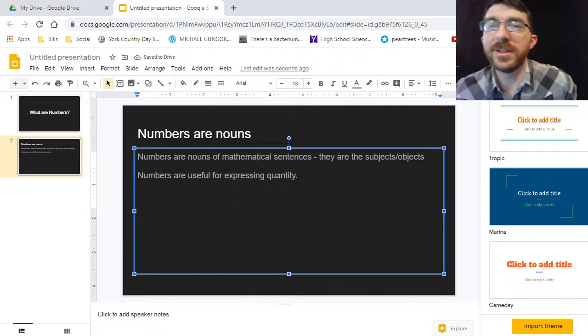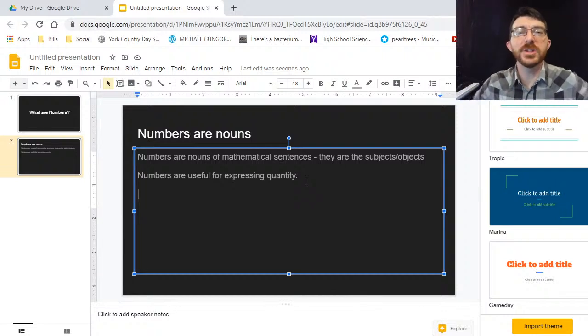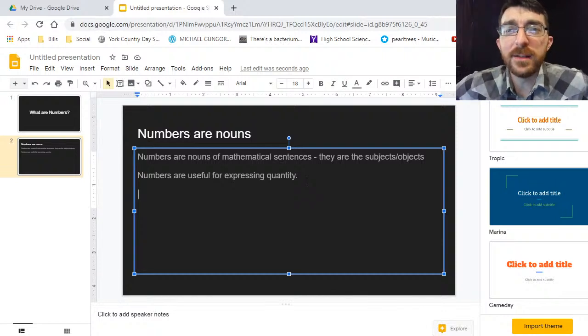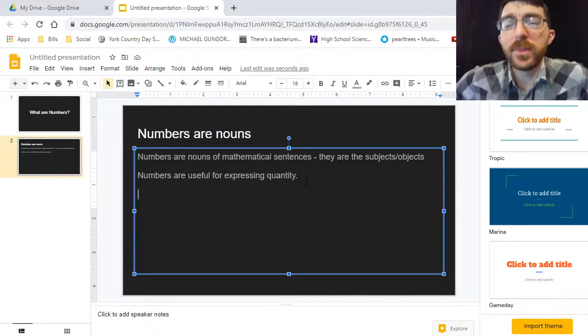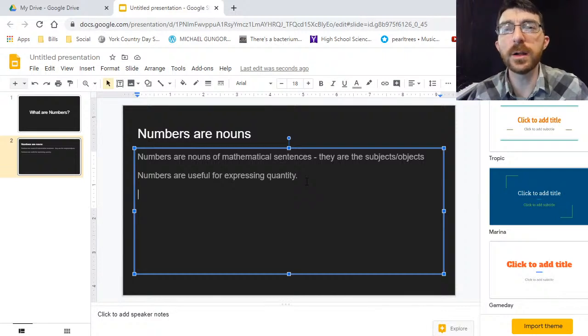It was for penguins, and the penguins kept calling in their order for fish, and of course they all want fish because they're penguins, and the person taking the order is just like fish, fish, fish, fish, fish, fish, fish. Okay, the order is fish, fish, fish, fish, fish, fish, and the whole point was, why don't you just say 6 fish? That was the idea. So I think that's the best way to get this across. Numbers are useful for expressing quantity.